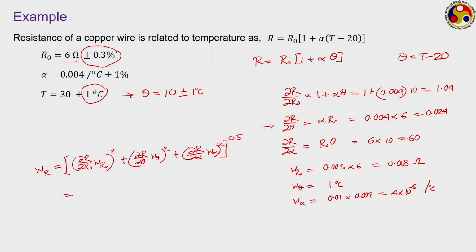By putting the numbers you are going to get the final value of uncertainty, and if we do it we are going to get 0.0305 ohm.